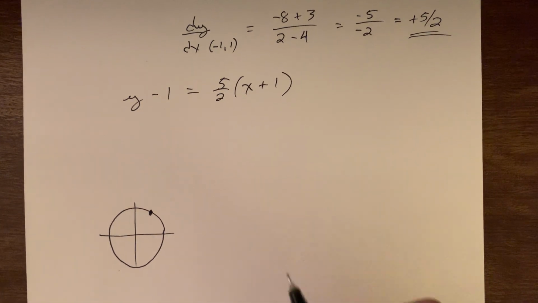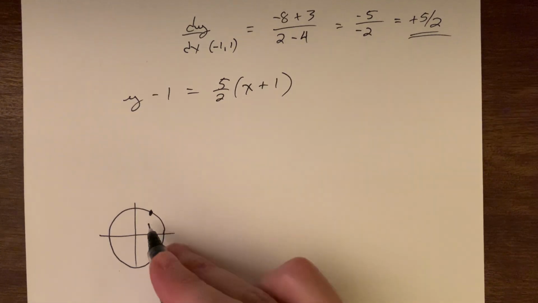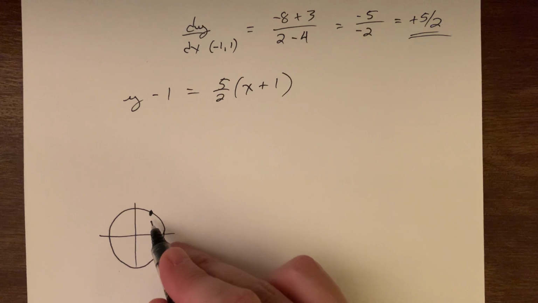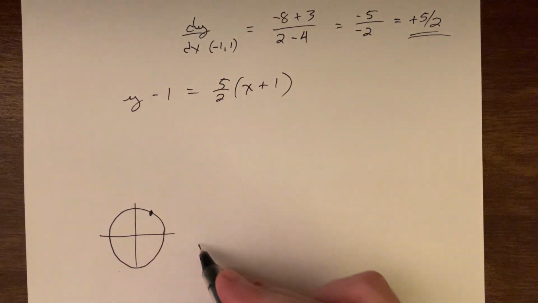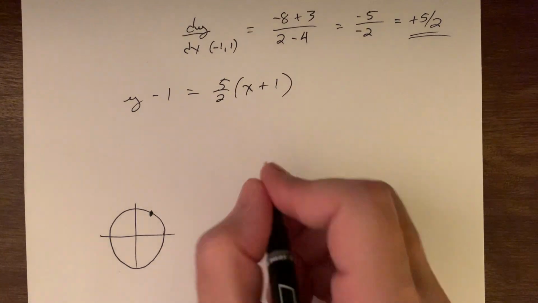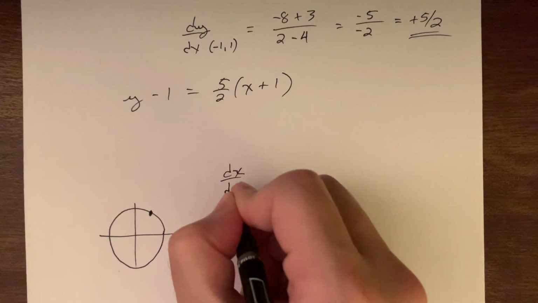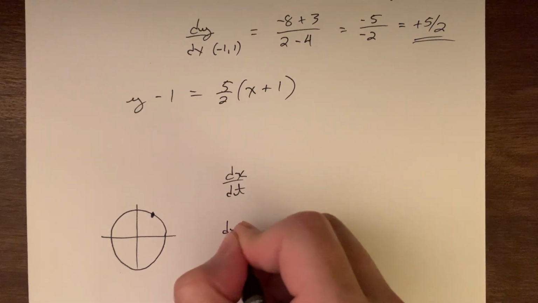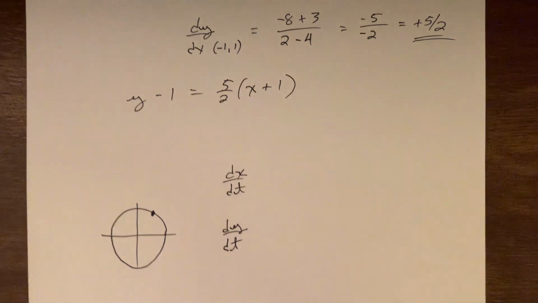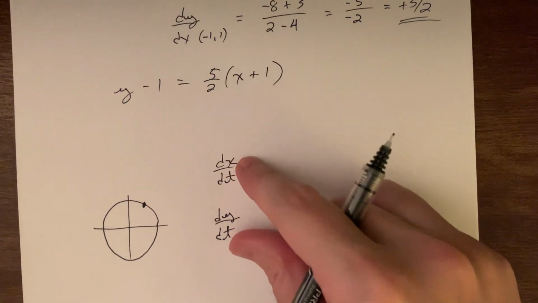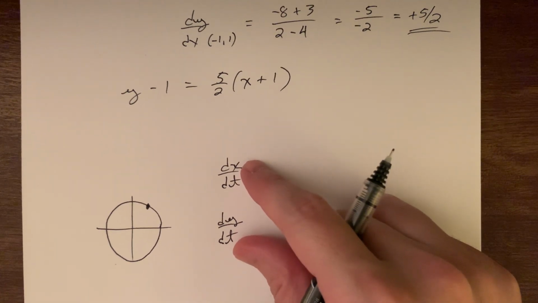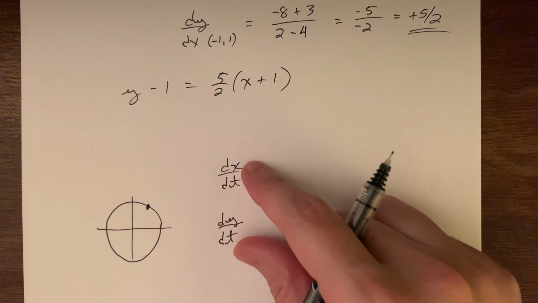We can talk about its derivative, but instead of looking at the derivative dy over dx, that's specifically referring to the slope of the tangent line, we could start looking at things like dx over dt or dy over dt. Derivatives that tell us specifically the motion of a variable with respect to time.